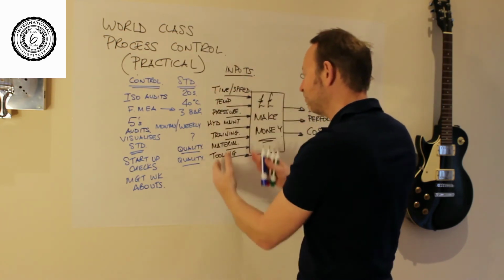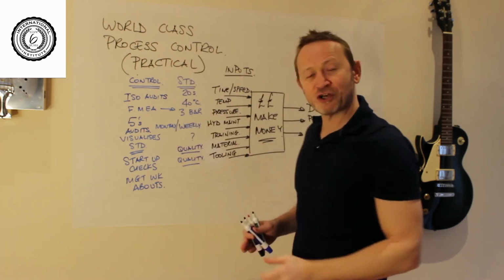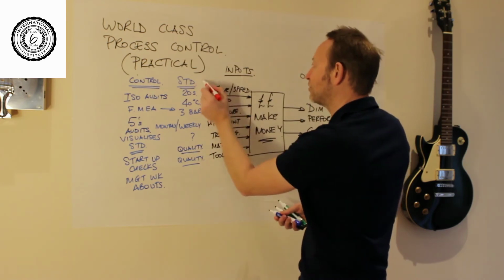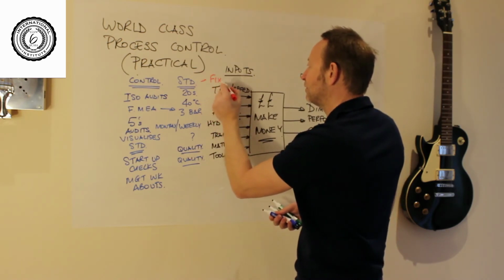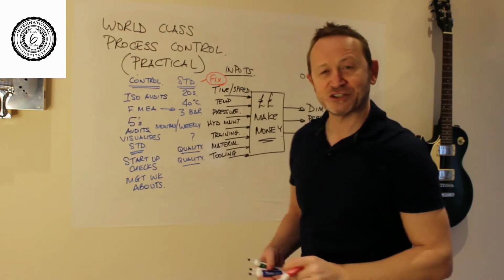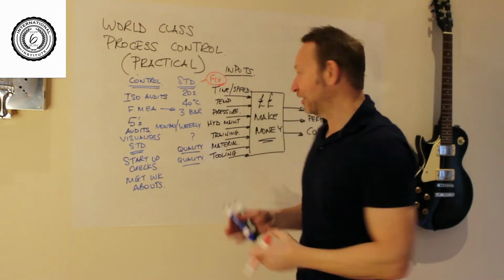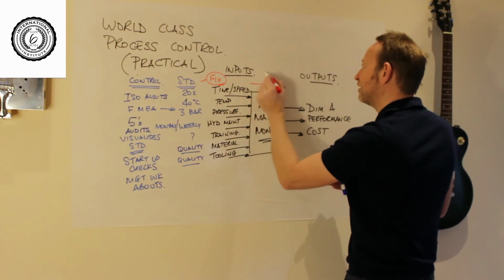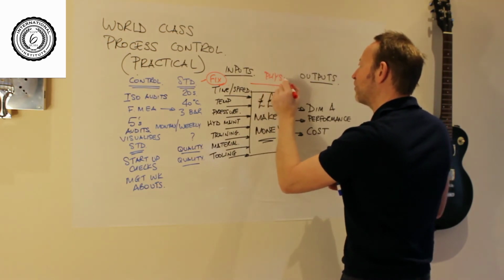So you have inputs. You decide where they should all be. Effectively, what is the standard doing? It simply fixes the input. And if it fixes the input, physics have to work here. The laws of physics play into your process.